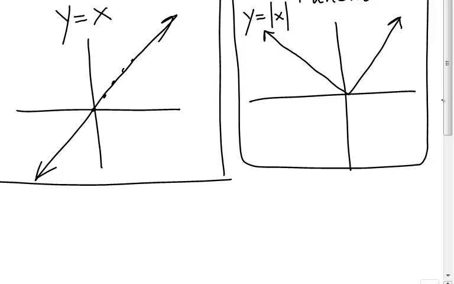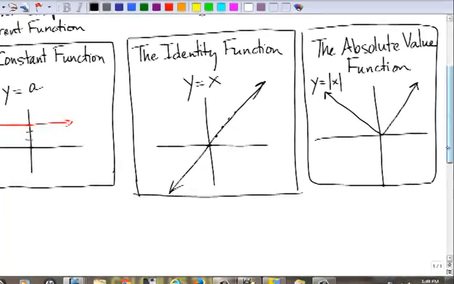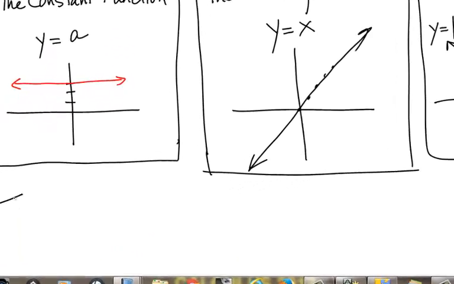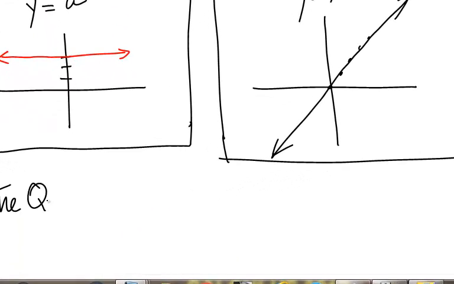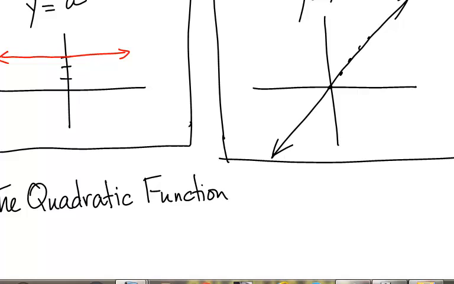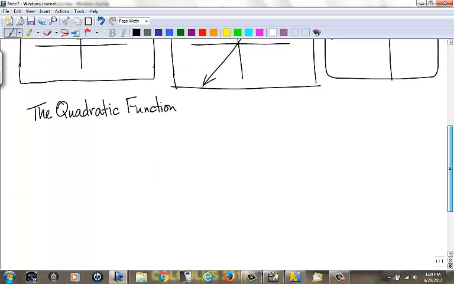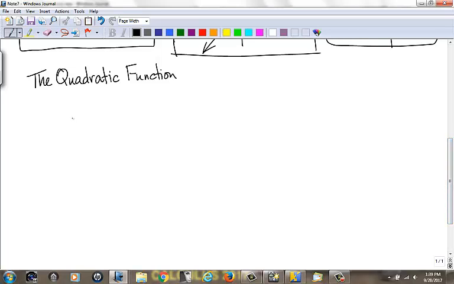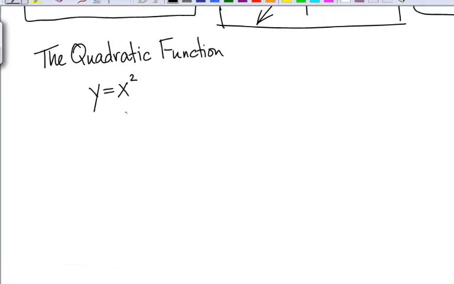Okay, and the fourth one is the quadratic function. A quadratic means its highest exponent is going to be an x squared. So the parent graph is y equals x squared.